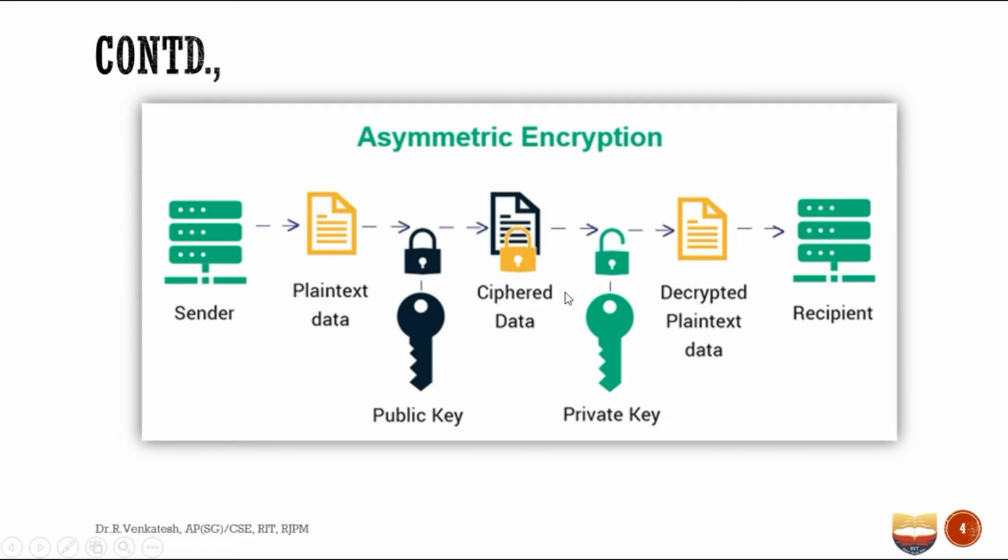Here the decryption function takes the ciphertext and the receiver's private key. Using this private key and the ciphertext, we decrypt and the receiver finally receives the plain text data shared by the sender. So in this figure, we have learned about the public key, the private key, the plain text, and the decrypted text.